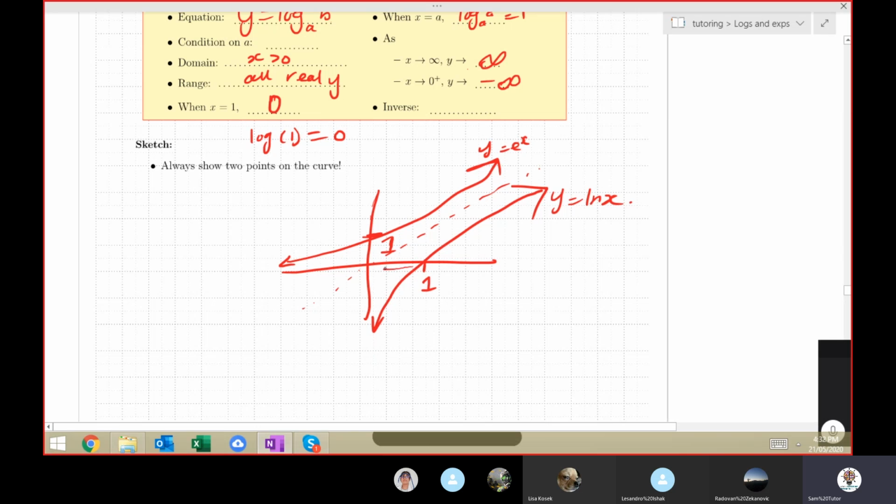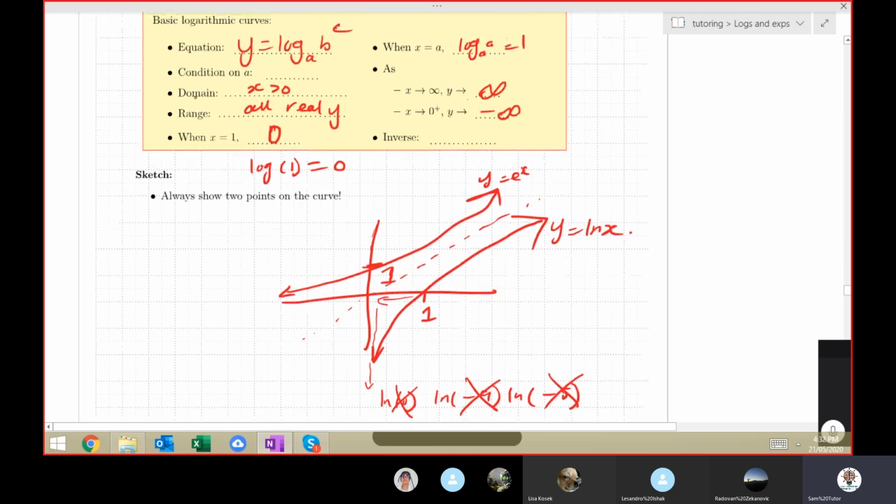As x is approaching closer and closer to 0, your y is getting more and more negative. And that's why you can't log zero. It never gets to 0. And that's why you can't log negative numbers. These don't work because it never crosses to the left-hand side, unless obviously it's been shifted. That's a different case.